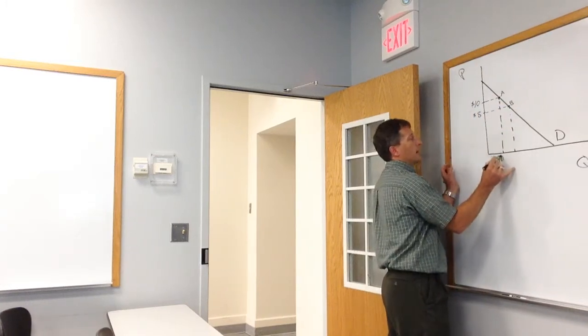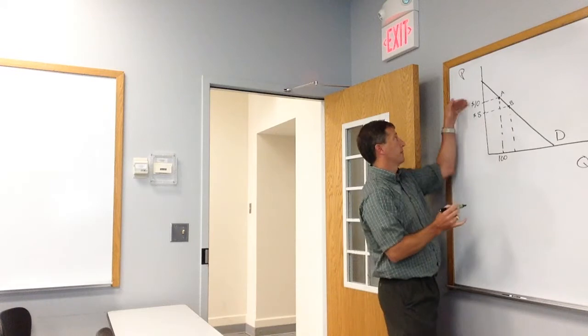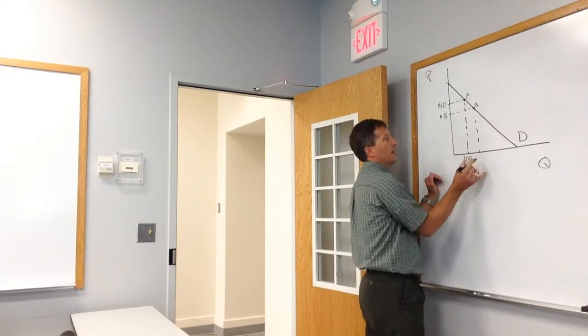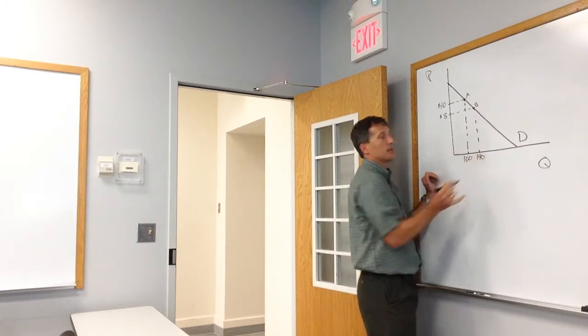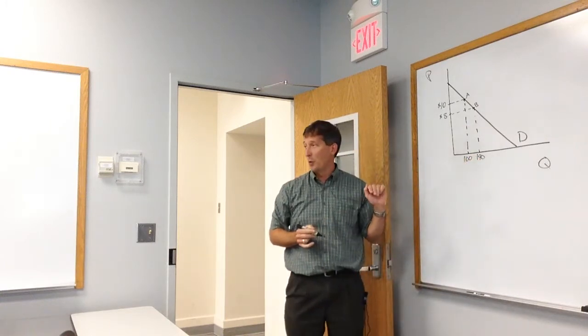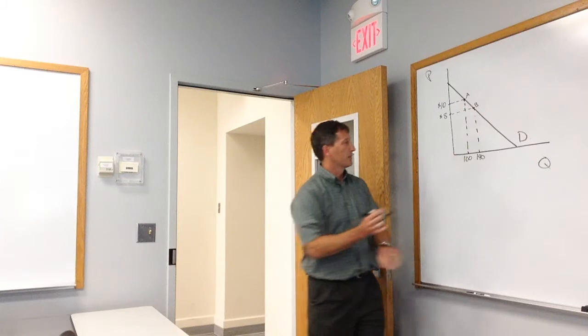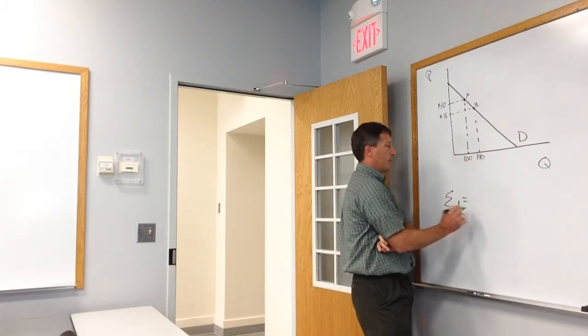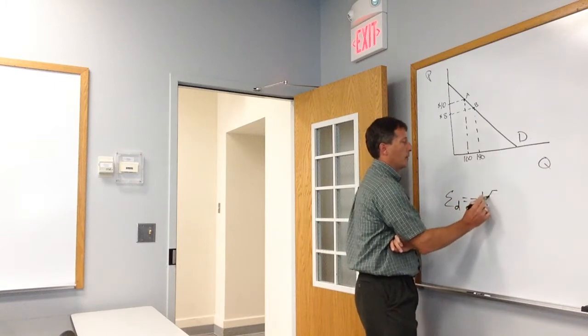At $10, consumers were buying 100. If prices are cheaper, the law of demand told us that, ceteris paribus, they're going to buy more. So I gave you numbers of 100 and 140. We cranked it through the formula, and we came up with the elasticity equal to negative 1.5.